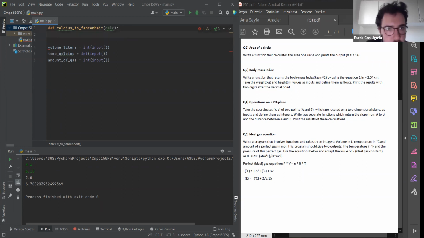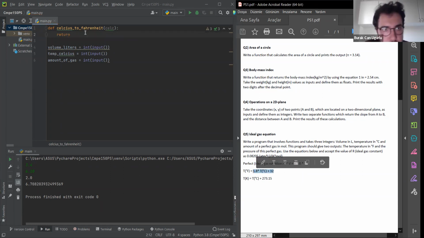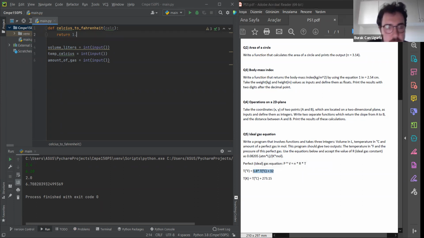So it should return us the value just like this. We will multiply the Celc value by 1.8 and add 32 to it, and it will return us the temperature value in Fahrenheit.